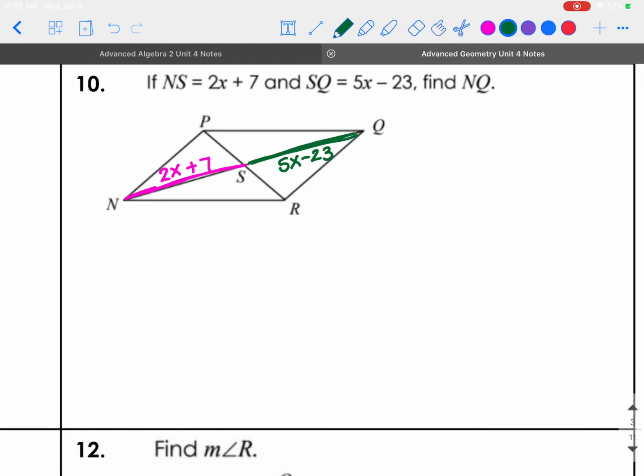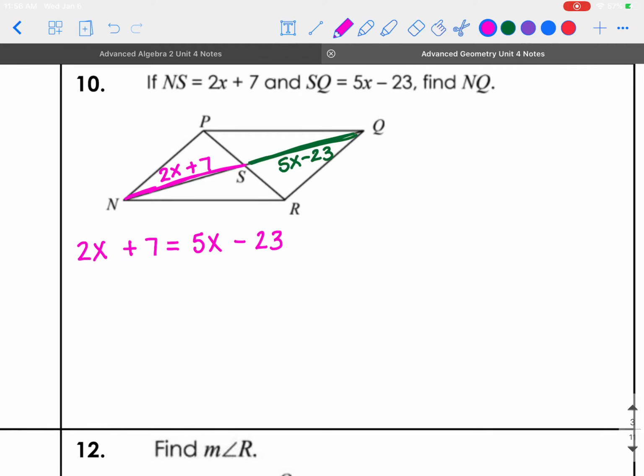So in this question, it actually gave us both smaller parts, and we know that those are equal to each other. So in a diagonal, each part is equal. So I can do 2x plus 7 equal to 5x minus 23.